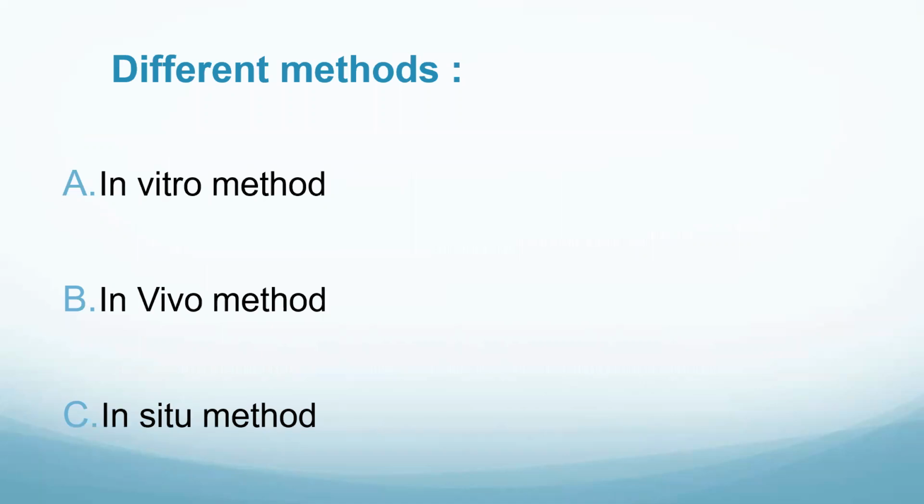Now we will discuss various permeability methods. Those are in vitro, in vivo, and in situ methods. These methods are used to determine how much amount of drug is absorbed, what the permeability is, and also to check the absorption of the drug.